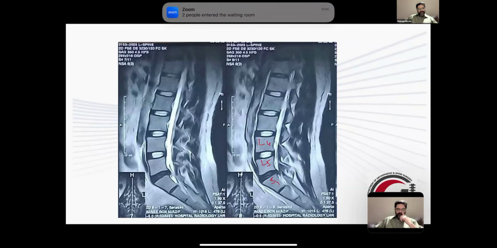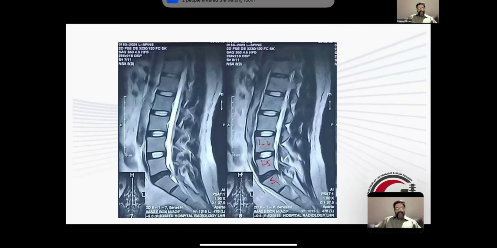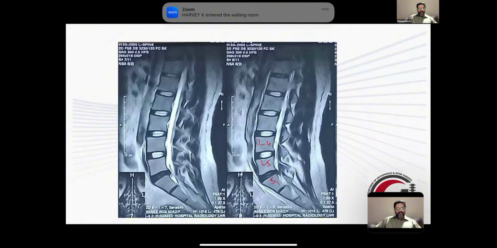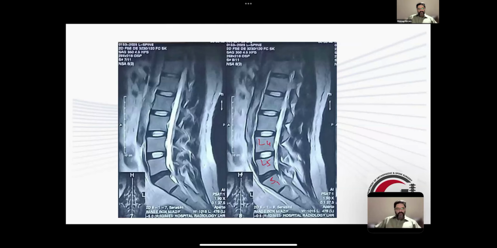So in this case, transforaminal was also an option, and you can handle it with interlaminar as well as transforaminal, depending on your expertise and the availability of your gadgets.